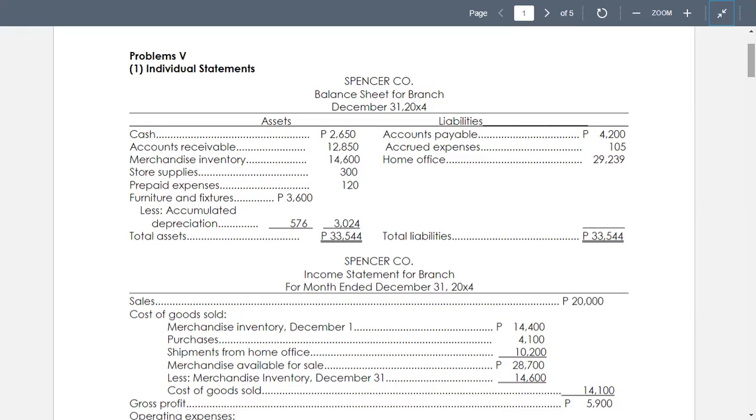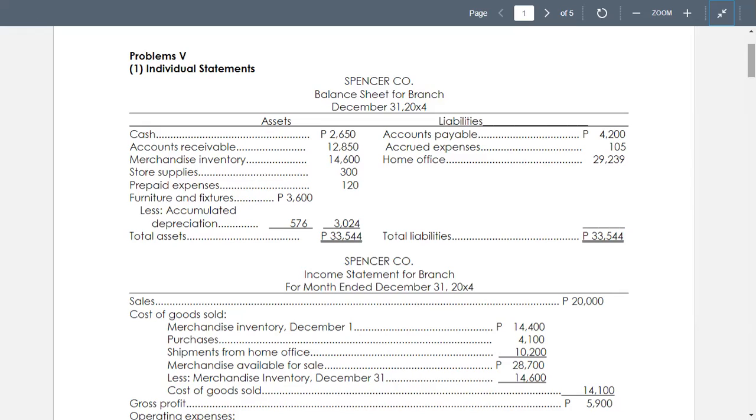For the accounts payable of 4,200, and then we have your accrued expenses in the amount of 105. And finally, your home office account after the corresponding adjustments.